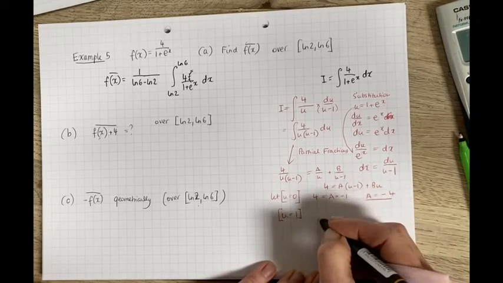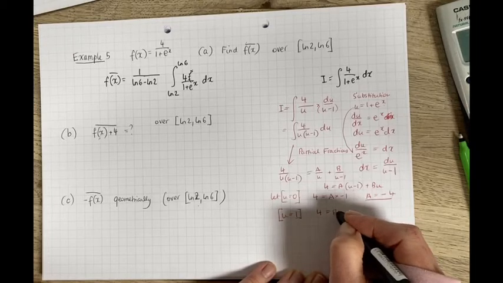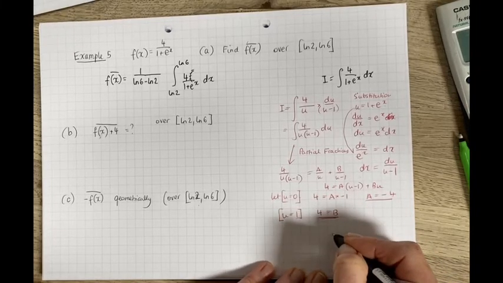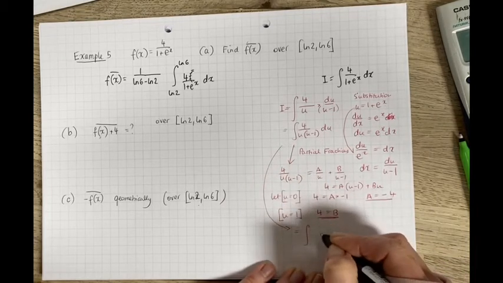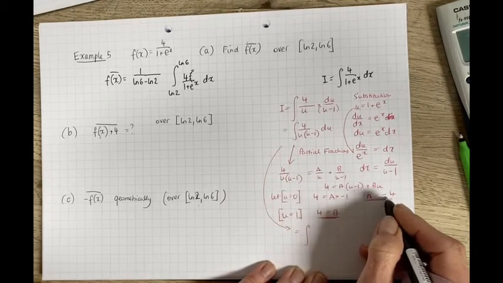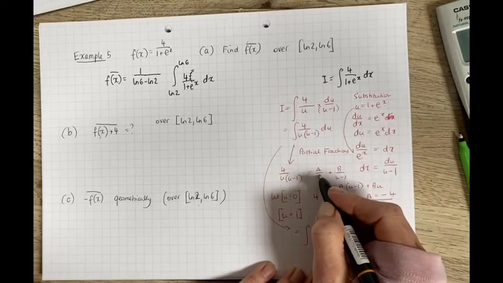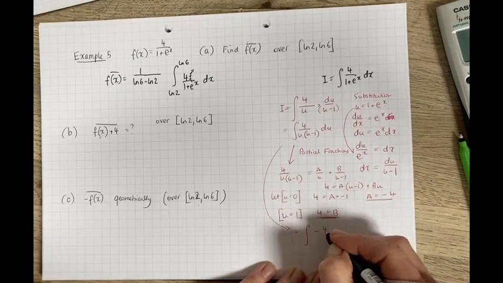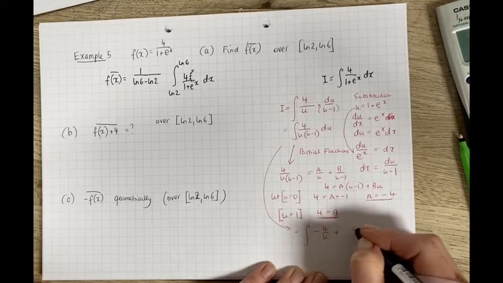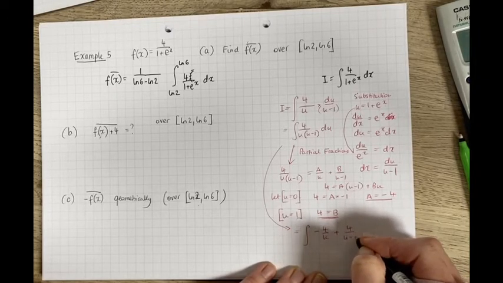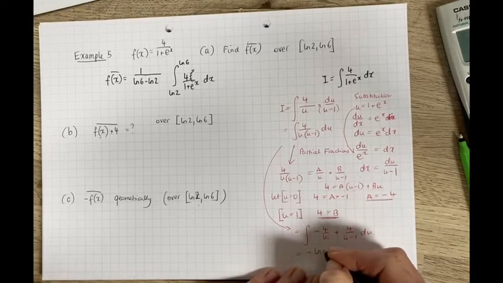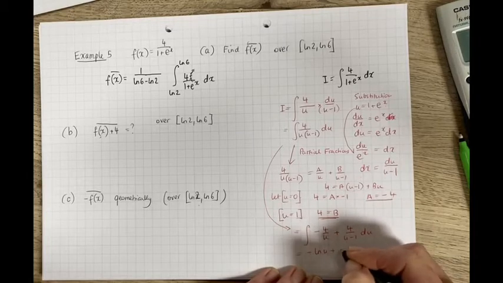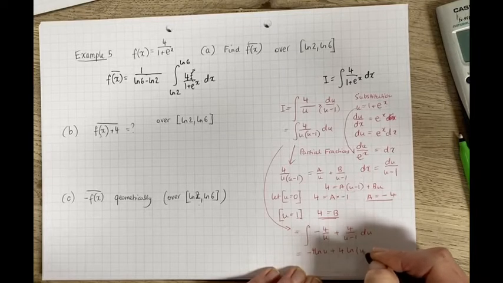That will go away, and you're going to have 4 is equal to B times 1, so B is 4. So coming back to this, our integral becomes, A is minus 4, so this is minus 4 over u, and then plus 4 over u minus 1, and perfect. So you've got minus 4 ln u plus 4 ln u minus 1.